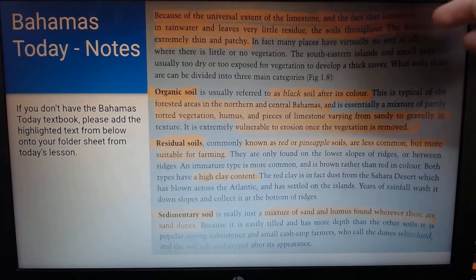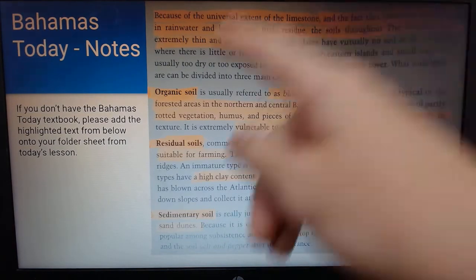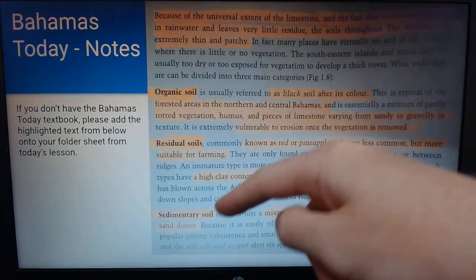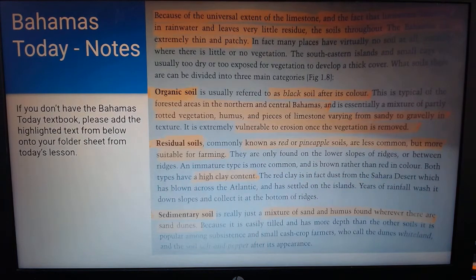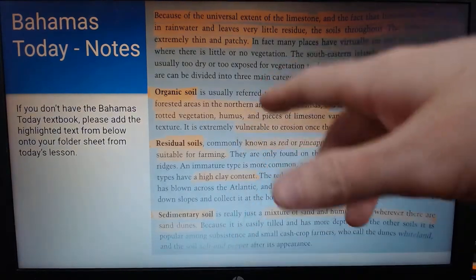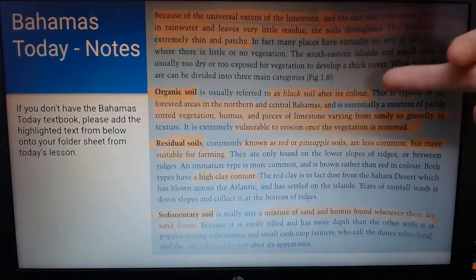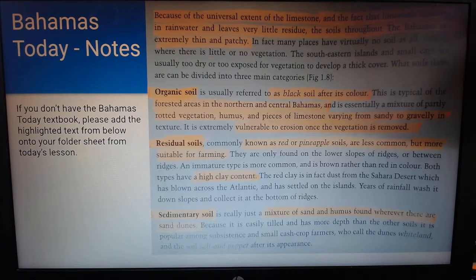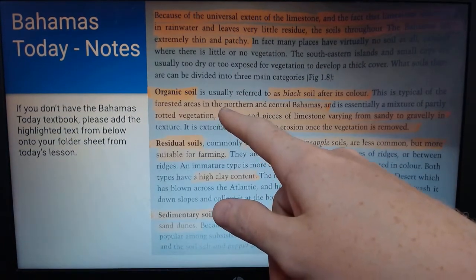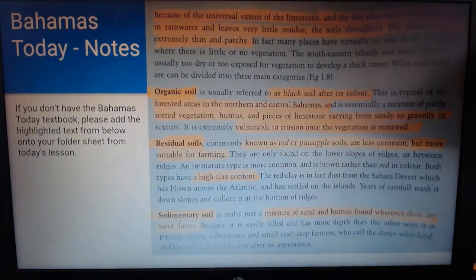Now, what soils there are in the Bahamas can be divided into 3 main categories: organic, residual, or sedimentary. Again, I've sent you a little worksheet which breaks this down even further, but a couple of things. Organic soil is referred to as black after its colouring. It's usually found in the forested coppiceland areas in the northern Bahamian islands.